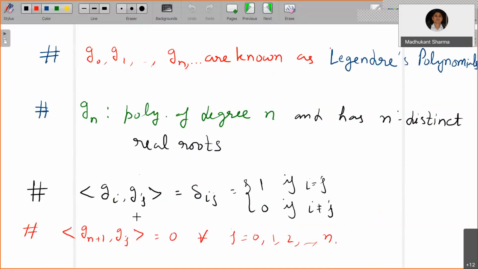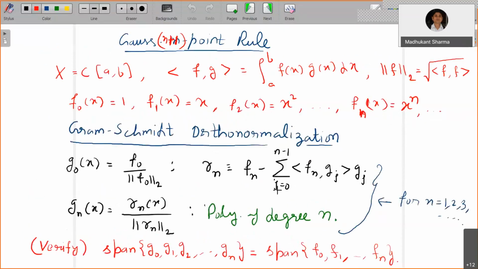Like the fashion in which we constructed Gn, similarly you can construct Gn plus 1 by replacing n by n plus 1 on the right side, and you can get it in the same way.